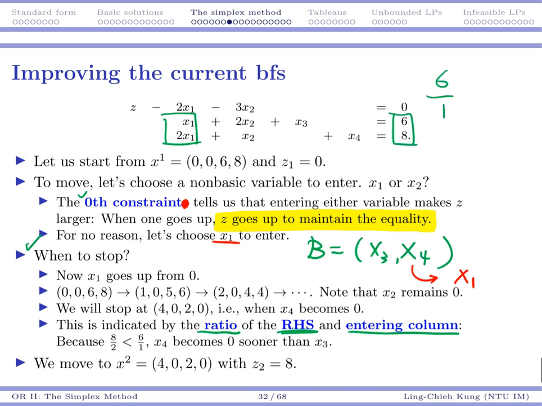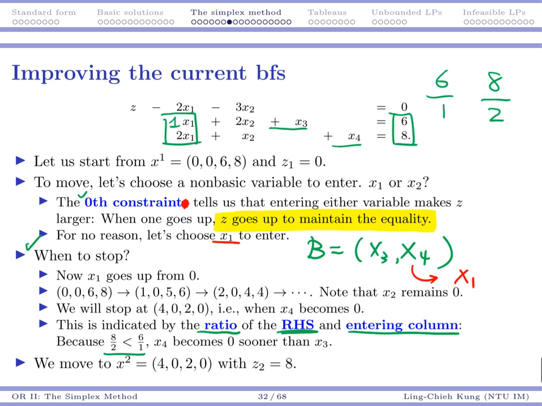6 divided by 1 is 6, which means you may increase x1 up to 6 before x3 becomes 0. And 8 divided by 2 is 4. That means you may increase x1 up to 4 before x4 becomes 0.